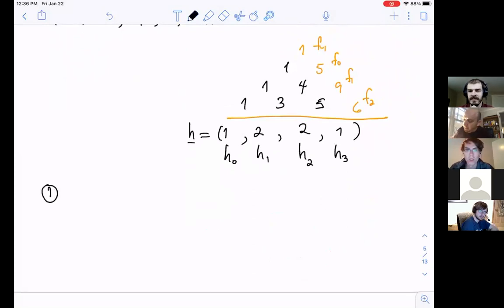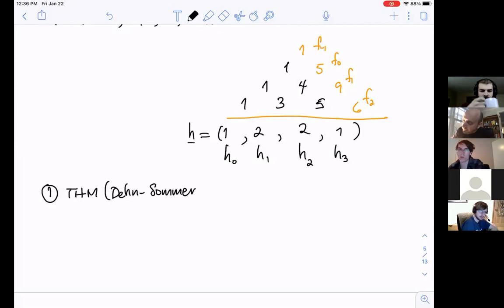First of all, theorem, Dehn-Sommerville. All right, so this is the same Max Dehn from the Dehn invariant, Dehn surgery, topologist, early 1900s.